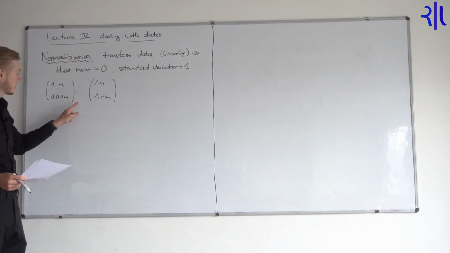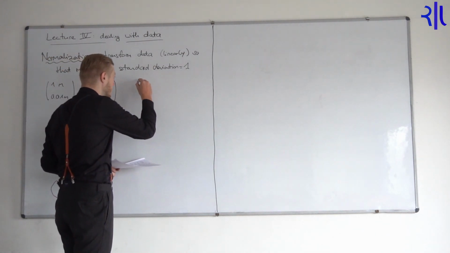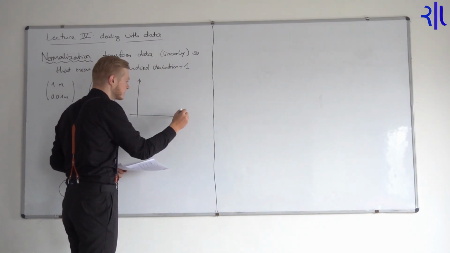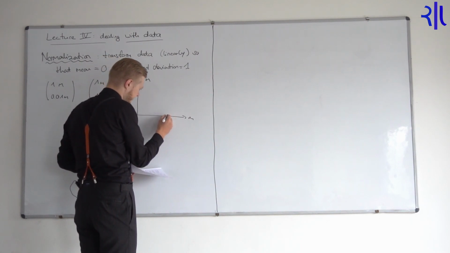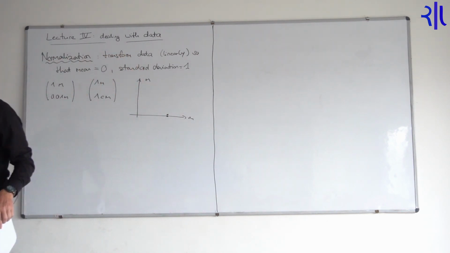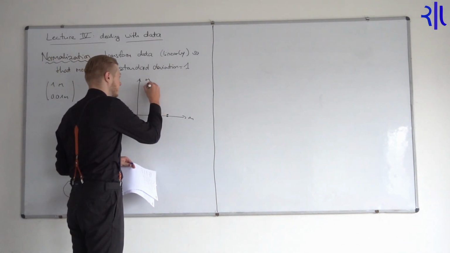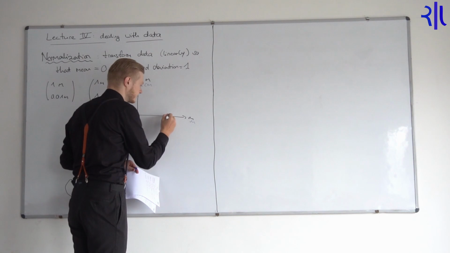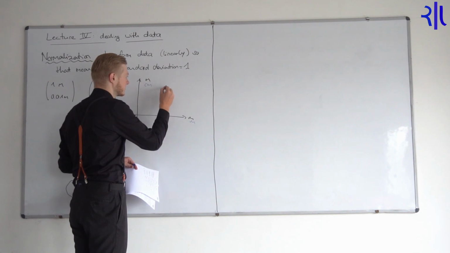This is the same thing, right? But when you draw that in the meter axis, you get these 2 points, but in the meter centimeter axis, you get these 2 points.